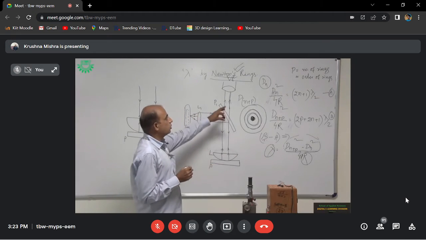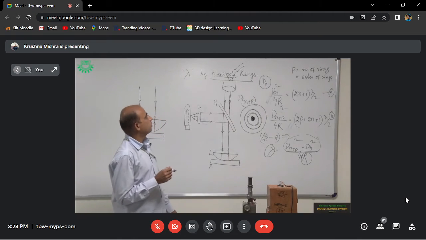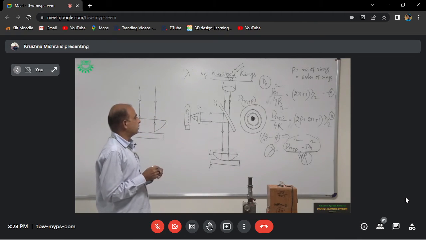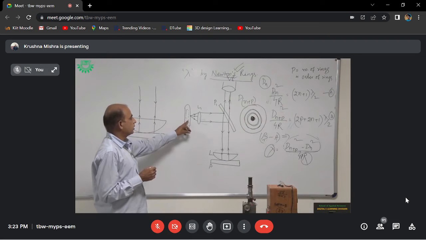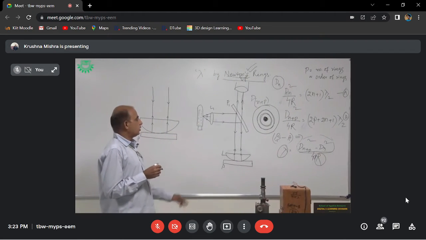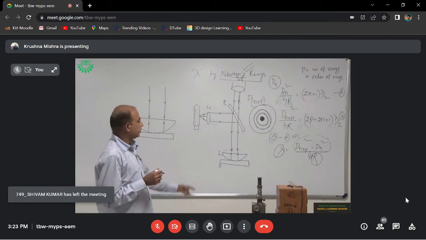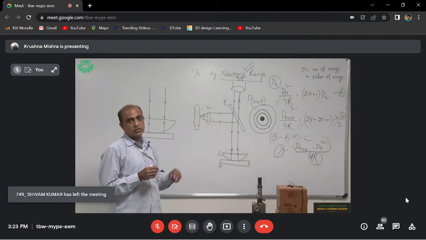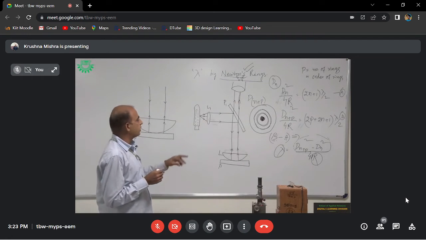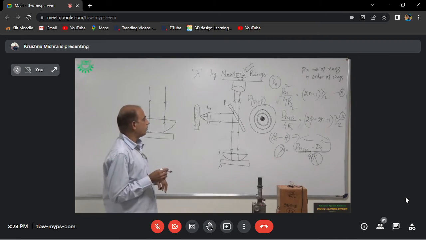So this is the theory behind this experiment, and this source is a monochromatic light. Even though it is not perfectly monochromatic, it has two D lines with different wavelengths, 5890 angstrom and 5896 angstrom.